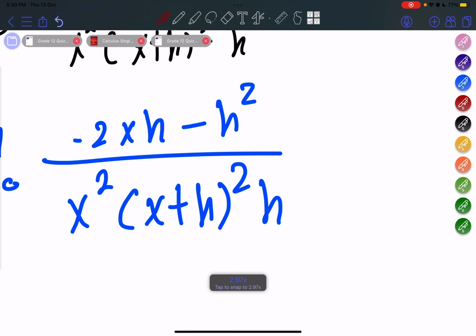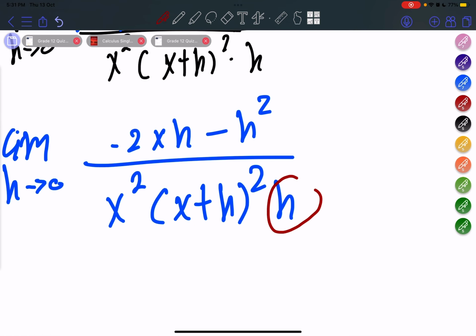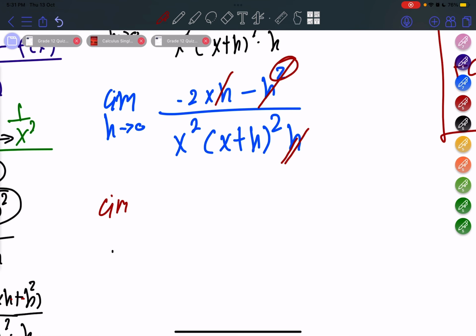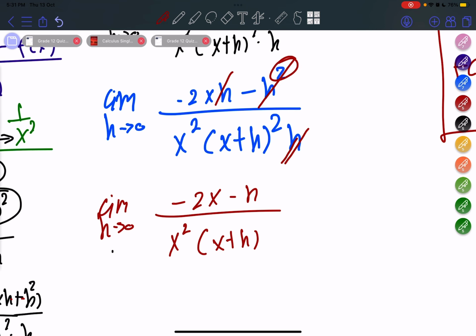And in this case, we have this h that we can cancel out with the h squared here and the h in minus 2x times h. So our equation becomes limit h tends to 0 minus 2x minus h over x squared times x plus h whole square.